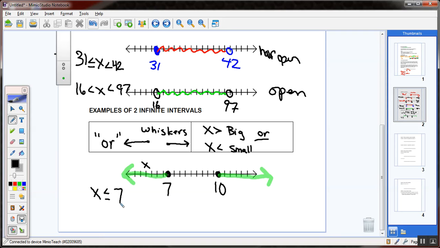Relative to 10. Very good. x is less than or equal to 7, or x is greater than or equal to 10. We use the conjunction or when we have what type of graph, kids? Very good. Let's try a few more here.